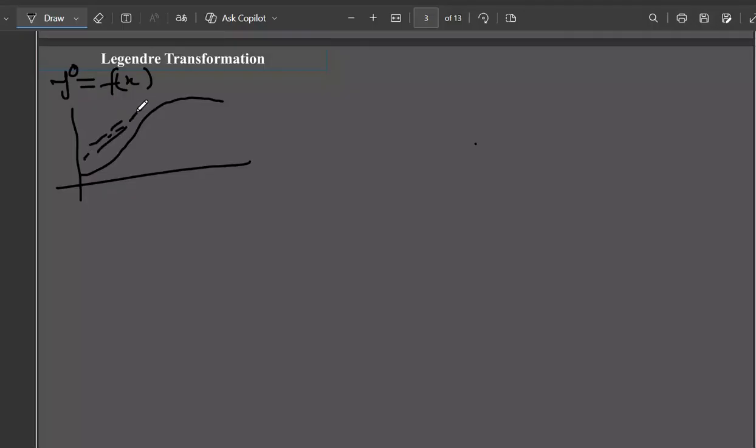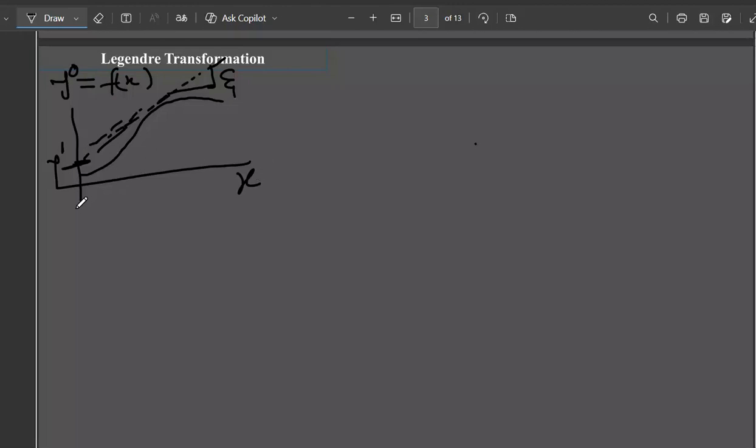My line is not so good, but some line is plotted here, and we can easily calculate the slope. Here is the intercept y1 and the slope is zeta. This is the y0 versus x plot.